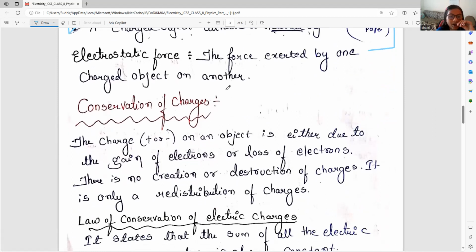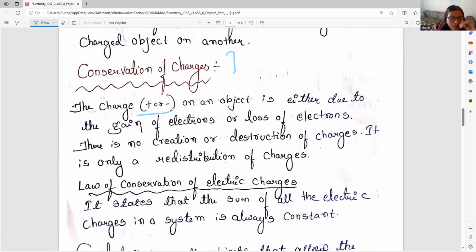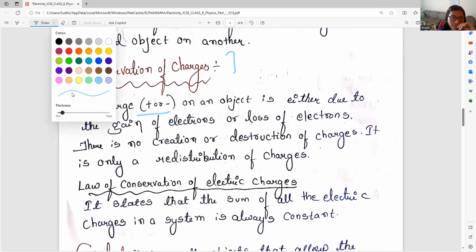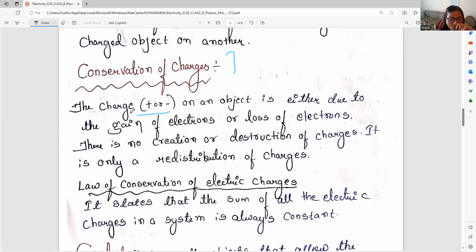Conservation of charges. Now, how are the charges balanced? A charge, either positive or negative, on an object is due to gain of electrons or loss of electrons.